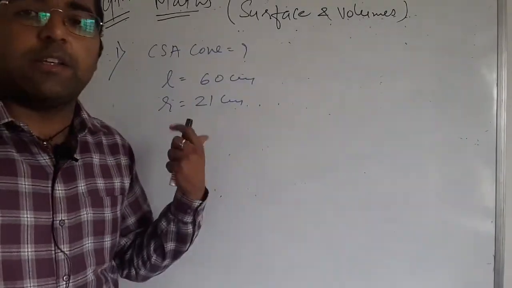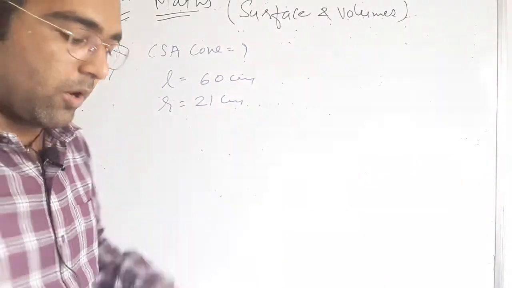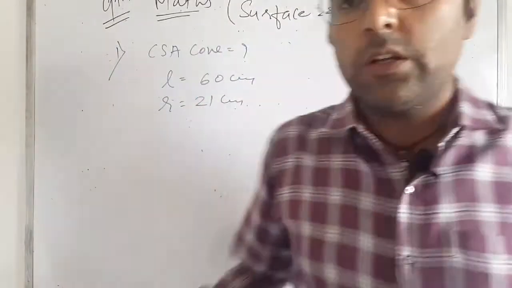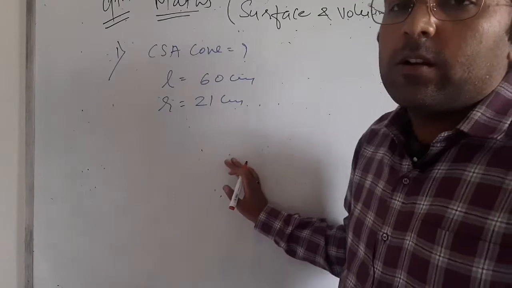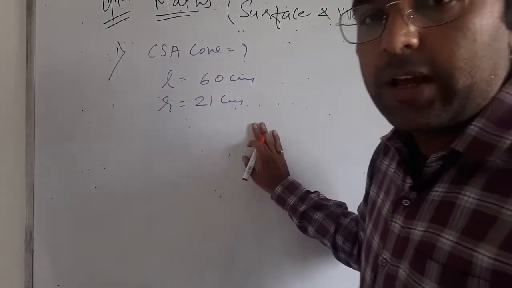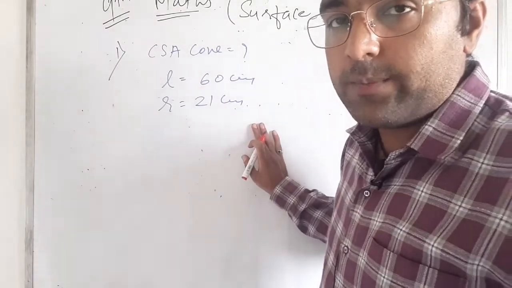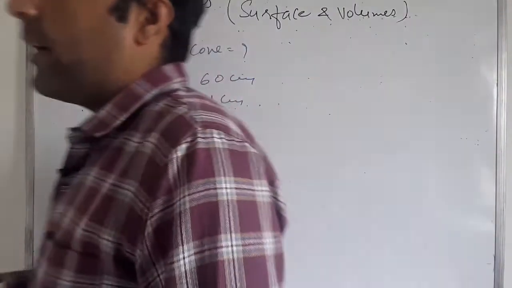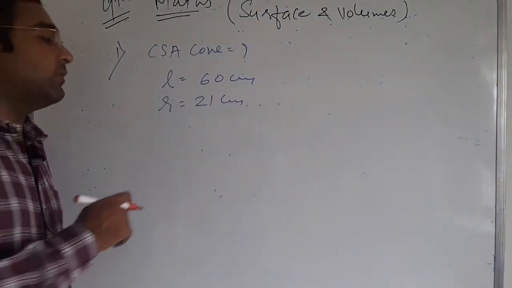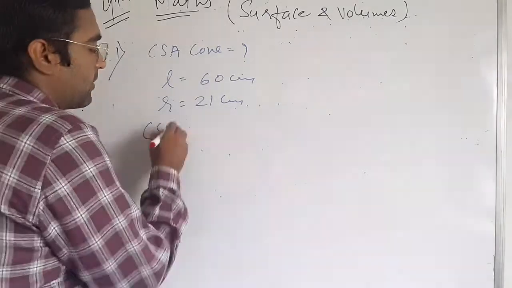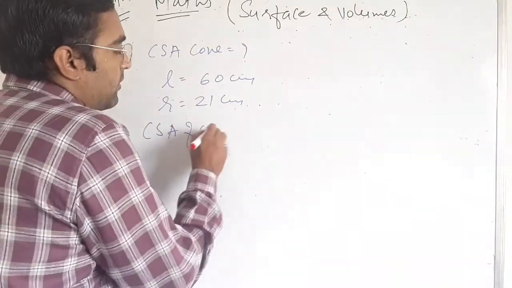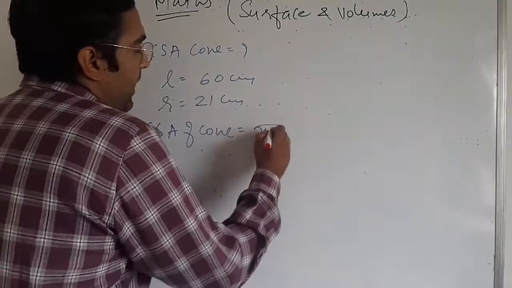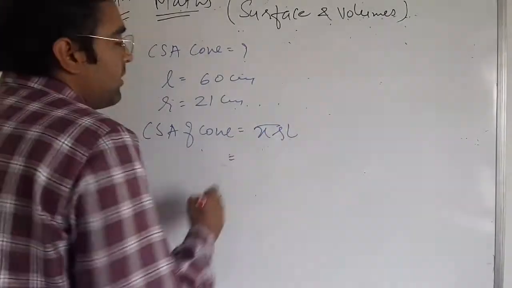Now we have to find the curved surface area of the cone. So the formula is pi r L, pi into r into L. Let's put the values in the formula. Curved surface area of cone is equal to pi r L.